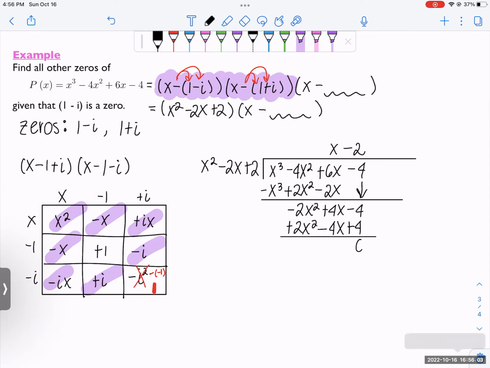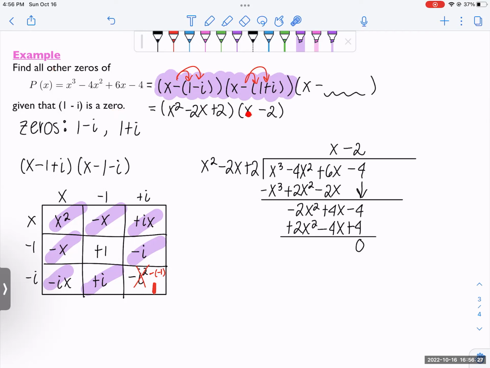Remainder of 0, which is exactly what we were hoping for. So this mysterious factor here is x minus 2. Mysterious leftover factor.